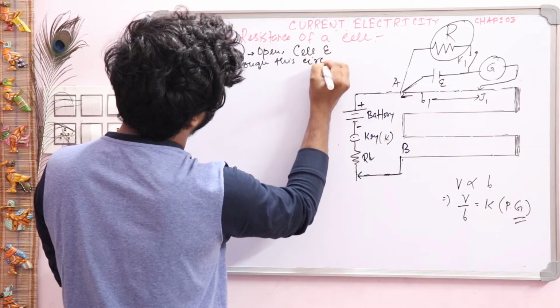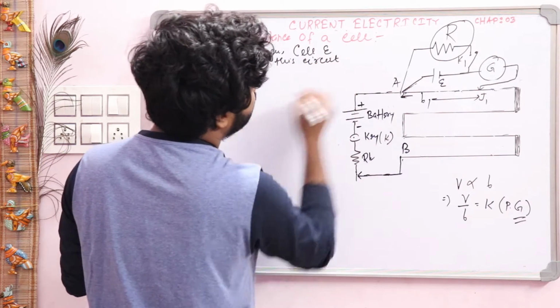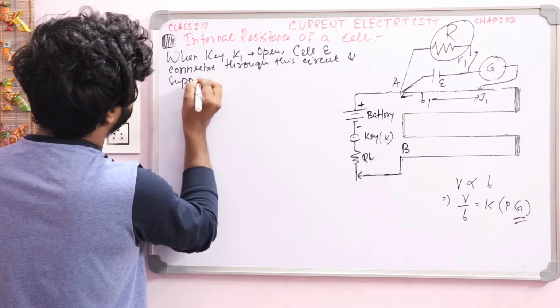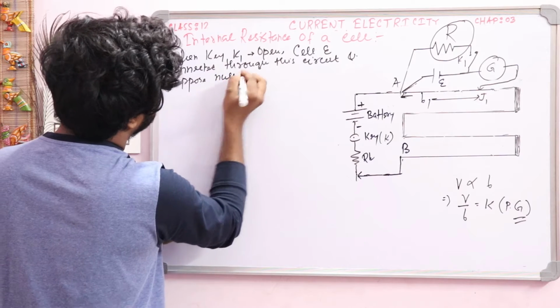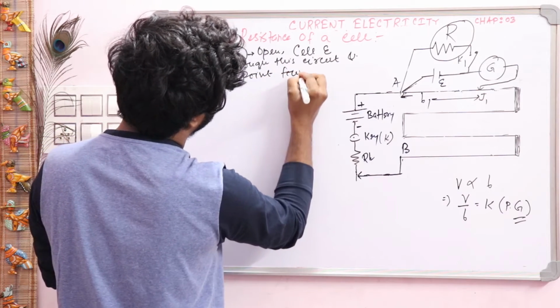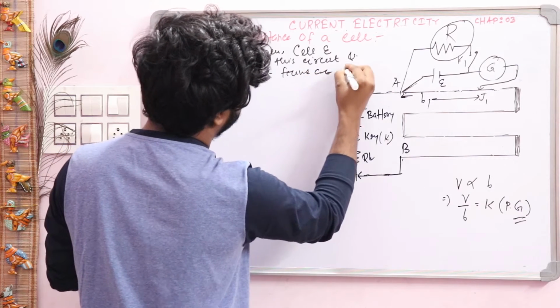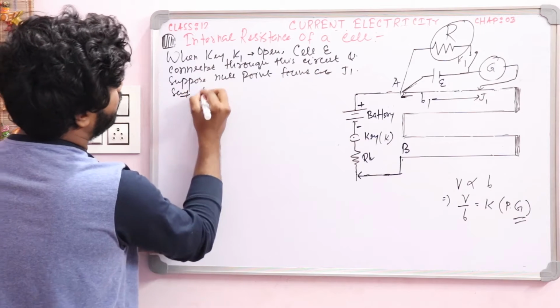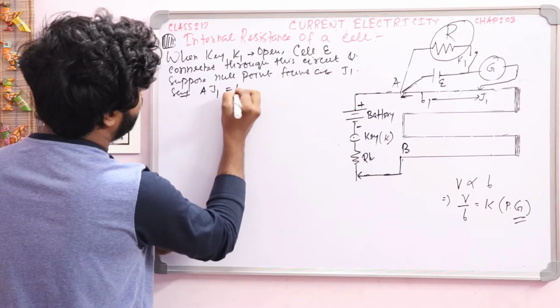and suppose the null point is found at J1, say AJ1 is L1.